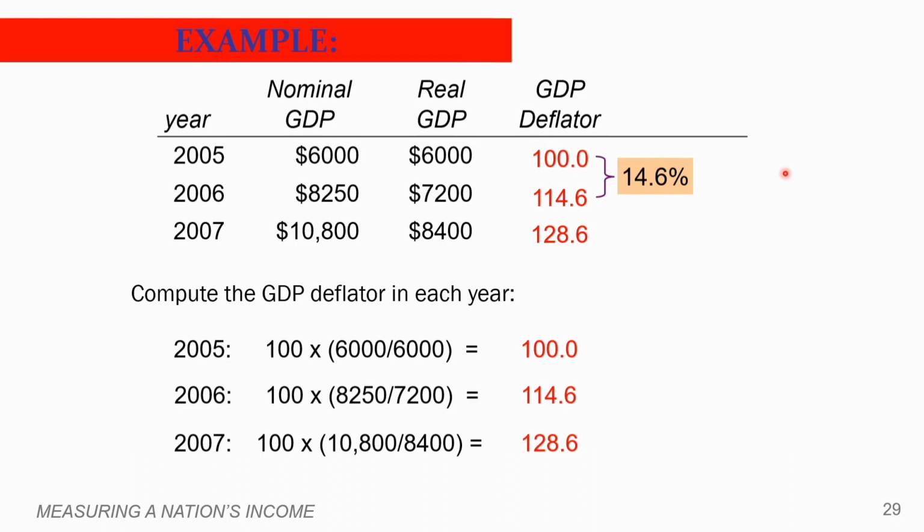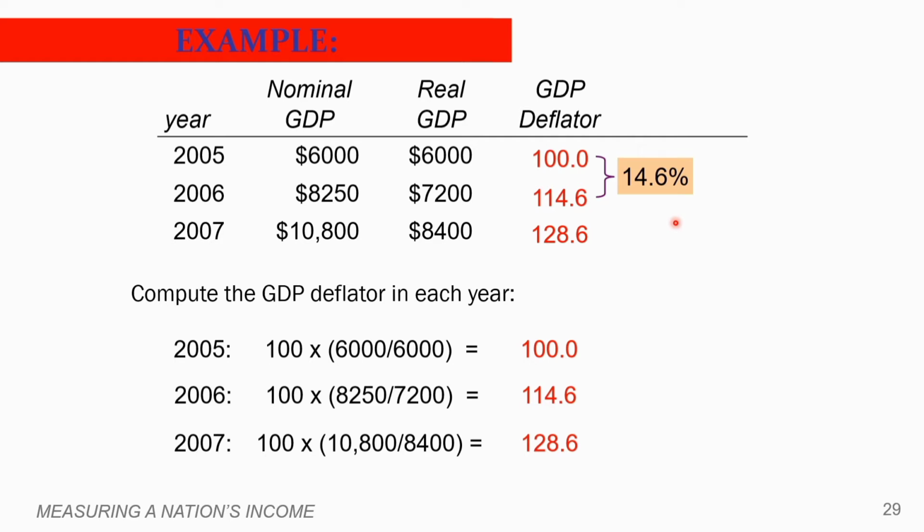Nakuha? So, to calculate the percentage increase from 2005 to 2006, yung 2006 value minus 2005 value divided by 2005 value times 100%.